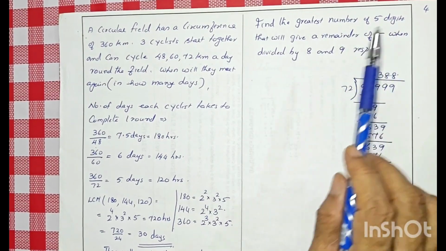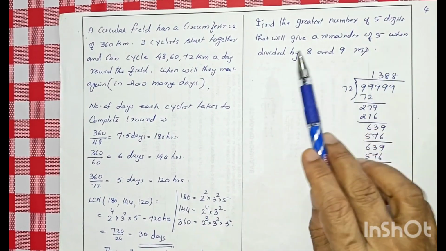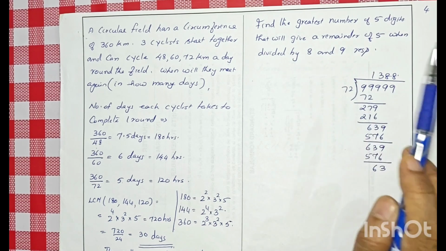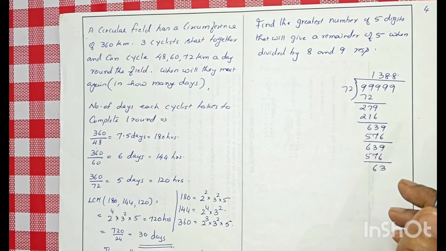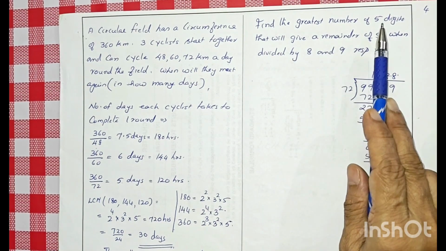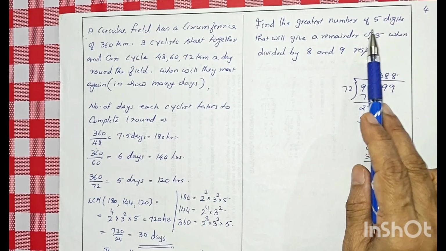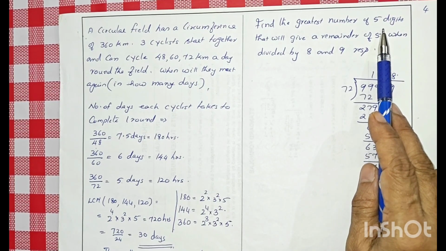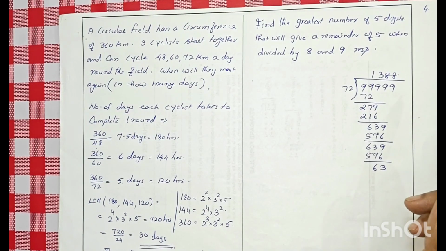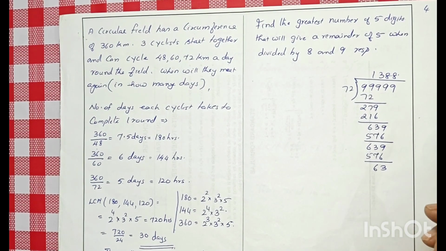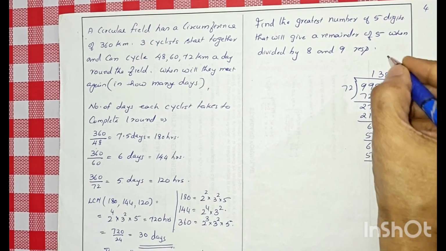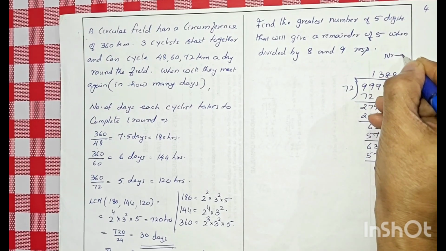Find the greatest number of 5 digits that will give a remainder of 5 when divided by 8 and 9 respectively. So you have to find the numerator. So that means you have to go for LCM.